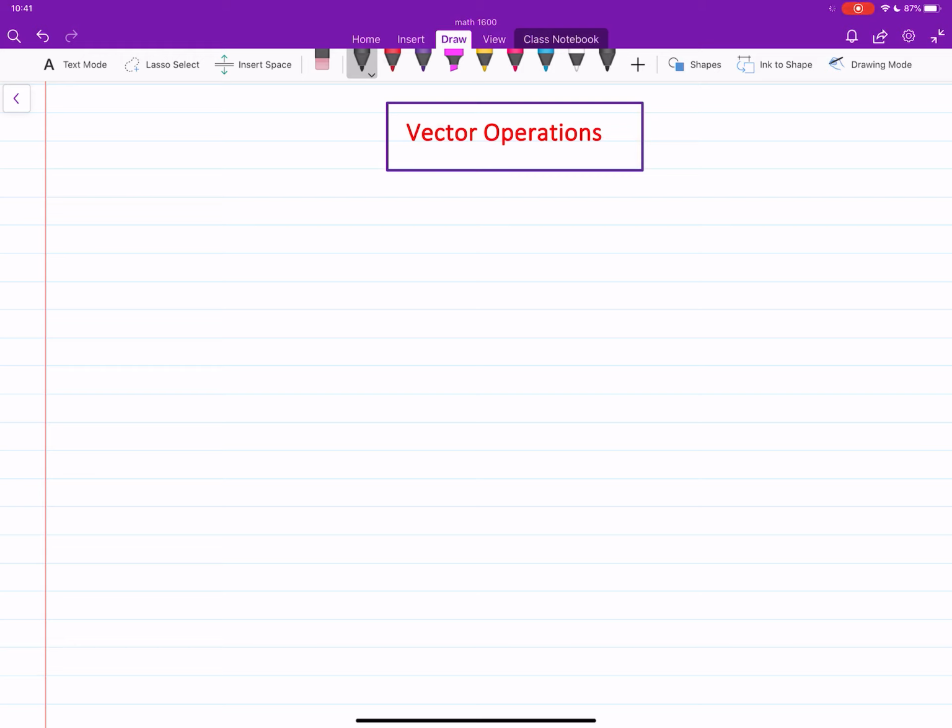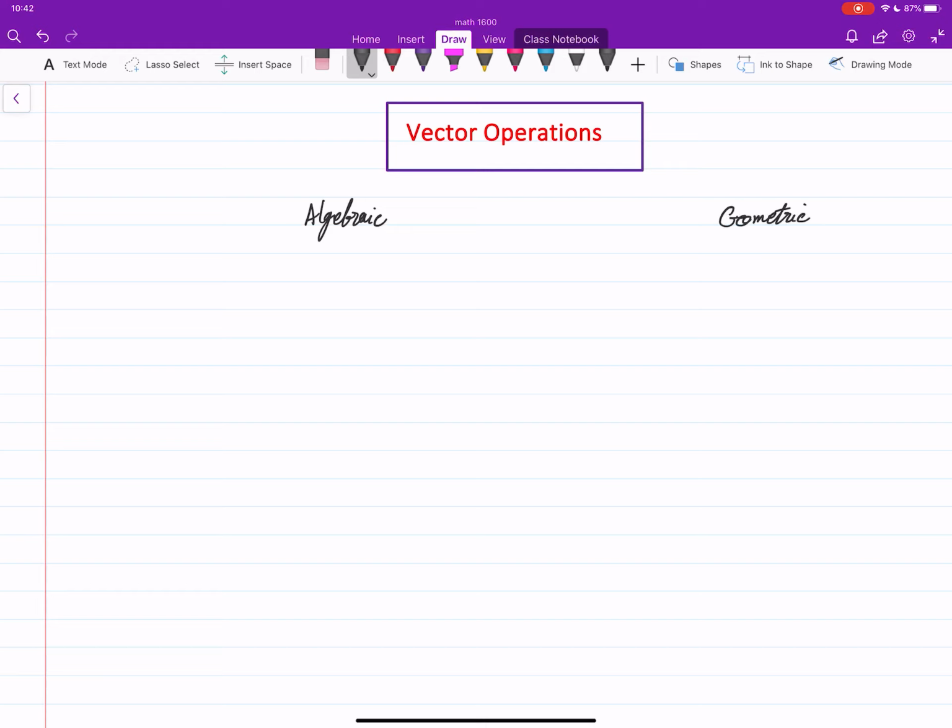Hi. In this video, we will learn about vector operations for the vectors in the plane. These operations can be studied from two different perspectives. One is algebraic, and the other one is geometric.